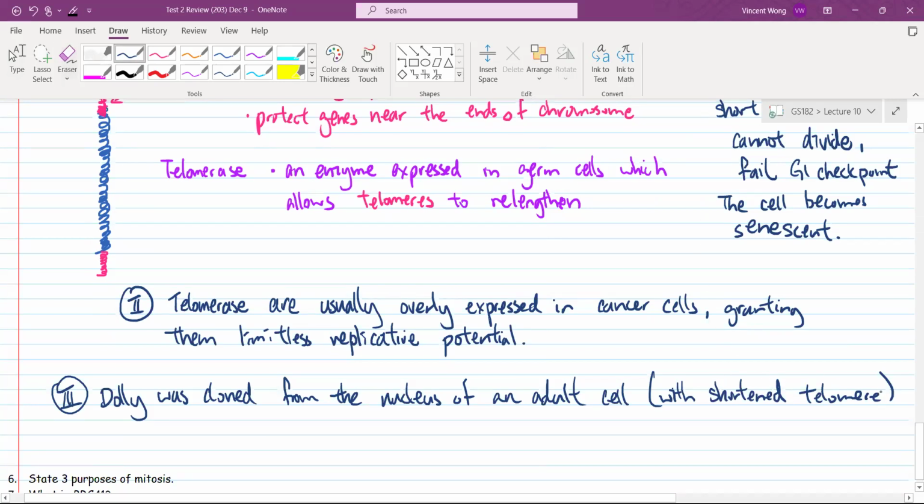So with shortened telomeres. This means Dolly was born with shortened telomeres.